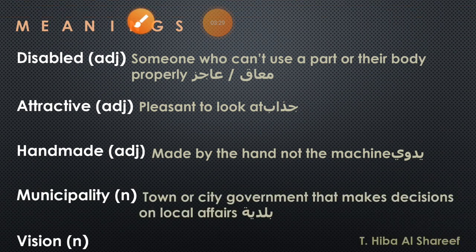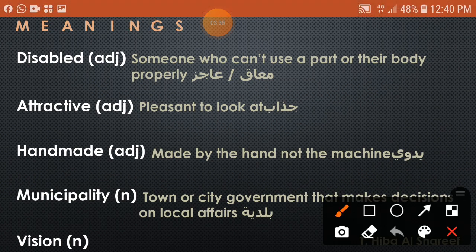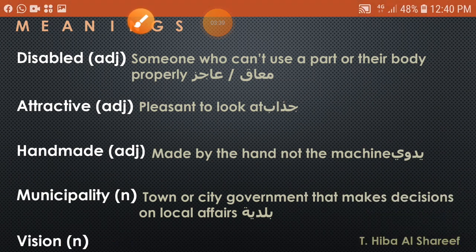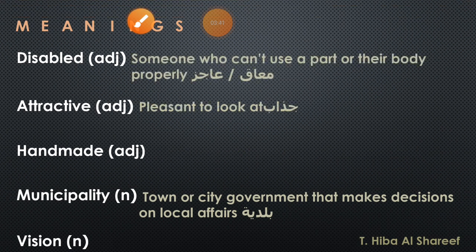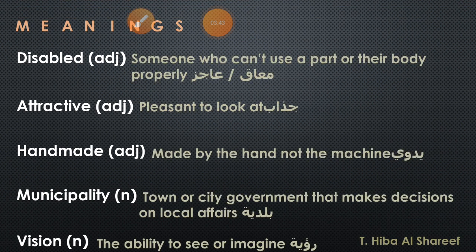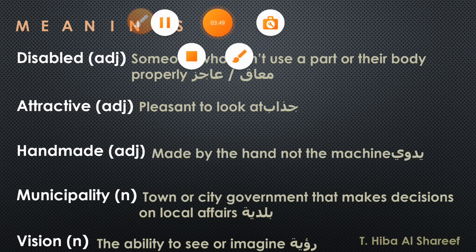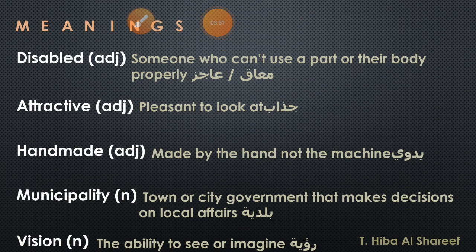It means town or city government that makes decisions on local affairs. Also we have this word, vision. What's the meaning of vision? Vision means the ability to see or imagine. I want you to write down the words and their meanings on your notebook, please.